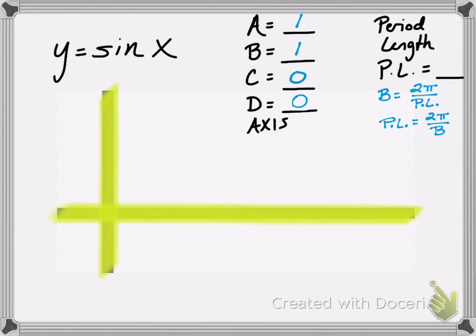The period length is something that we need to figure out. I told you that b is equal to 2 pi divided by the period length, which means the period length is 2 pi divided by b. So you need to be able to figure that out. All right, so the period length here is 2 pi divided by 1, which is just 2 pi.